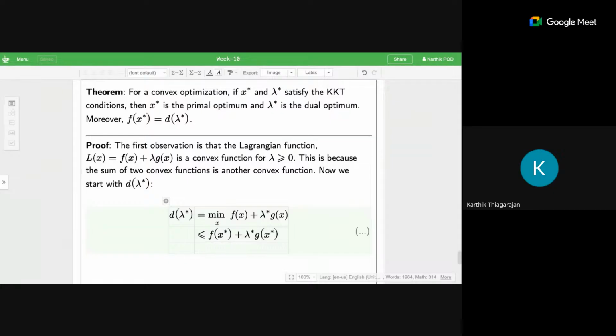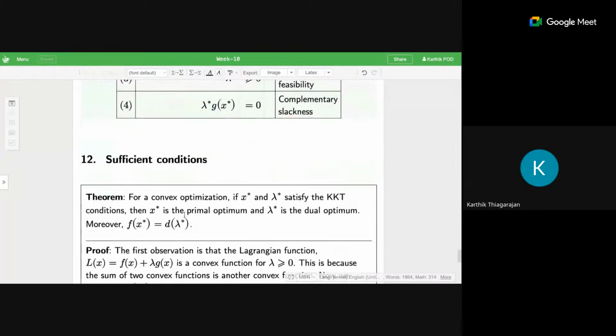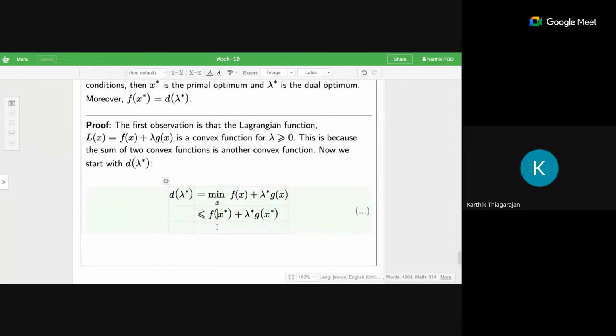So now, what can you say about lambda star into g of x star? 0. That is 0, right? From complementary slackness, notice that we started off with satisfying the KKT conditions, right? So this is 0. So I'm left with this equal to f of x star.